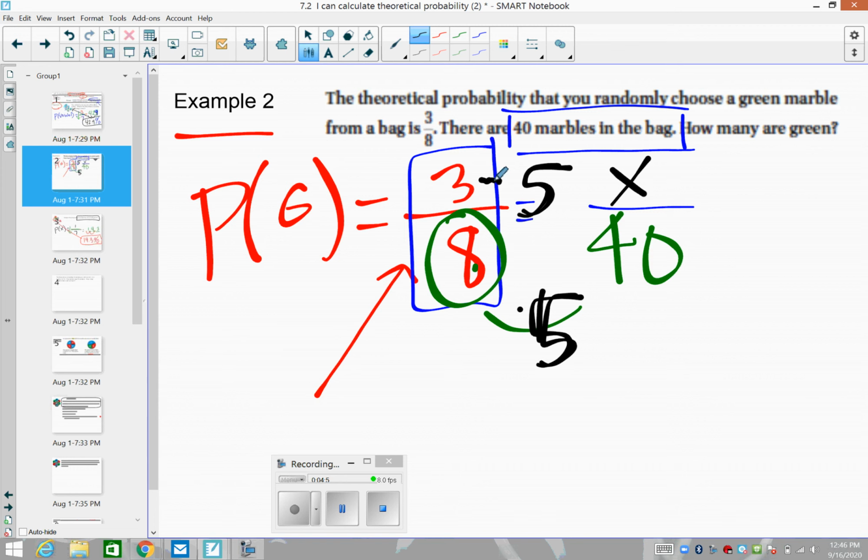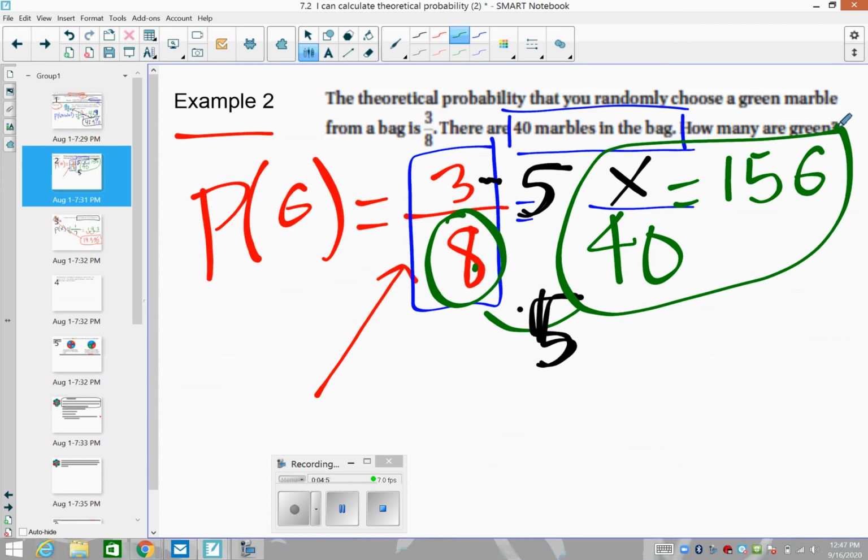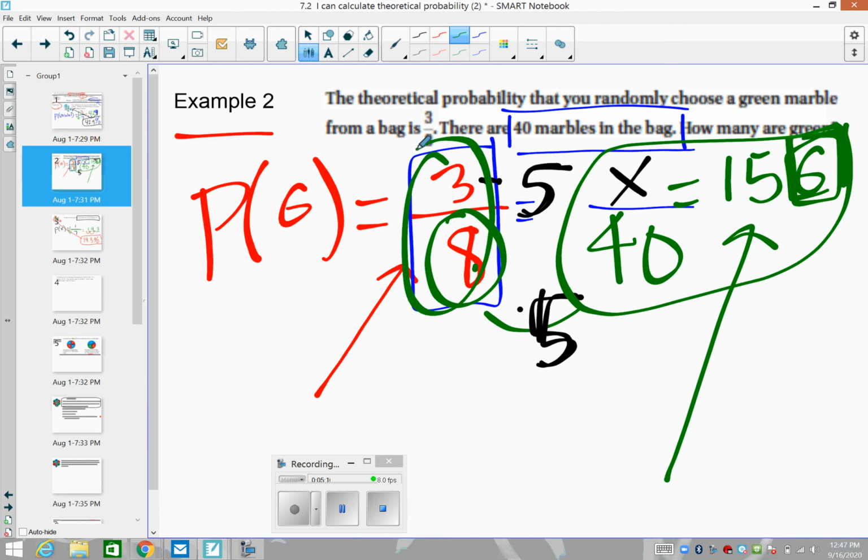Therefore, we would say that we have 15 green marbles out of 40. So we predict out of 40 in the bag that we should get 15 green. Using our good math statistic that we have a 3 out of 8 chance, we predict 15 out of 40. That's called theoretical probability.